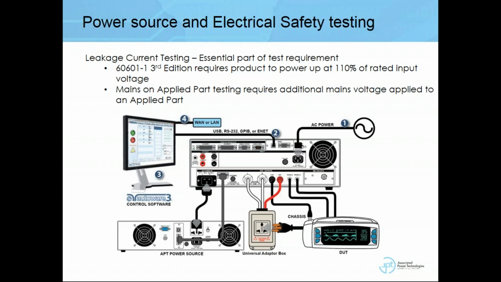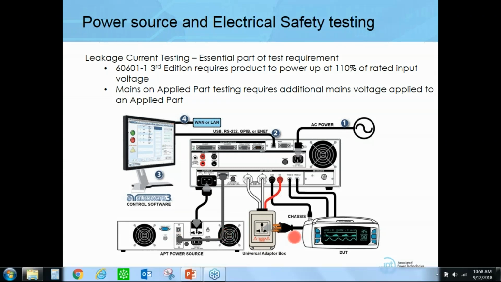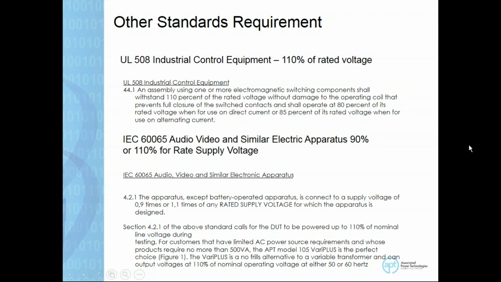In the setup here, you see that a source is being used to apply power for a device to turn on, not at the normal voltages, but at voltages of 110% of the rated input voltage. Take a look at some of the other requirements for other standards.